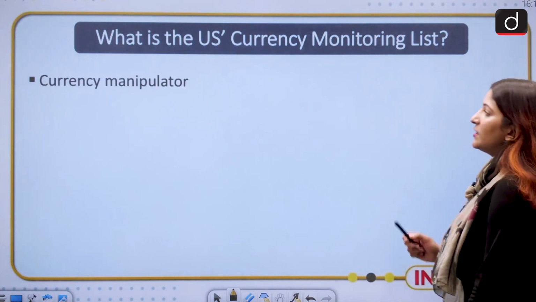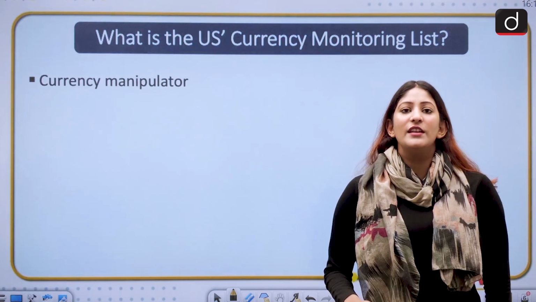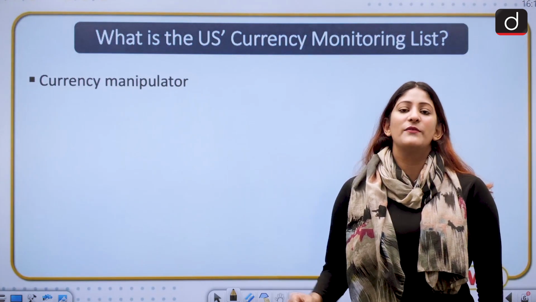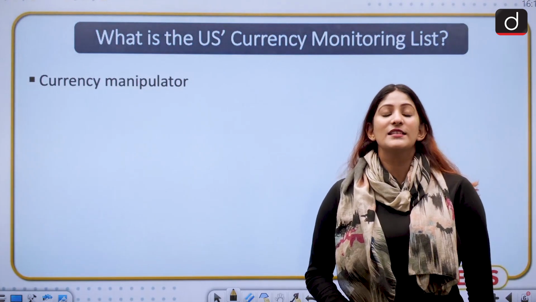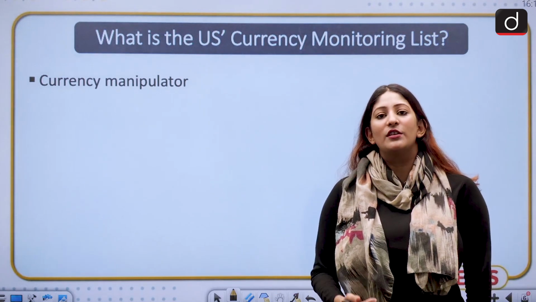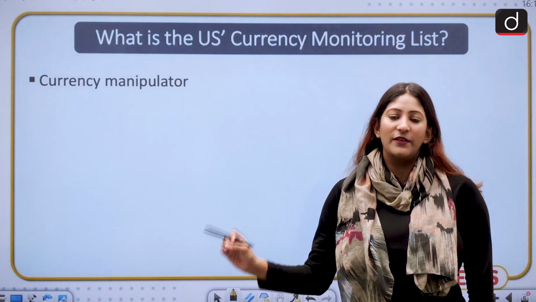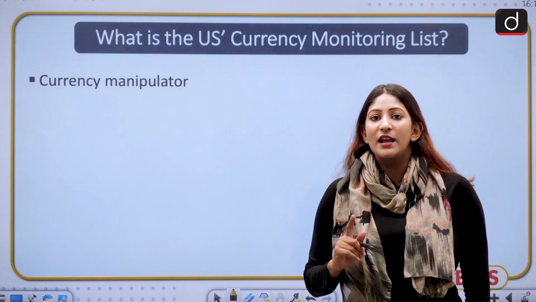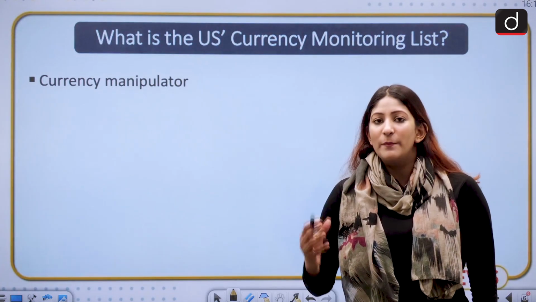All right. Now, if any country has its name reflected in this list, it is known as a currency manipulator. That means, according to this list, the country reflected on the list is using unfair practices to manipulate its currency.